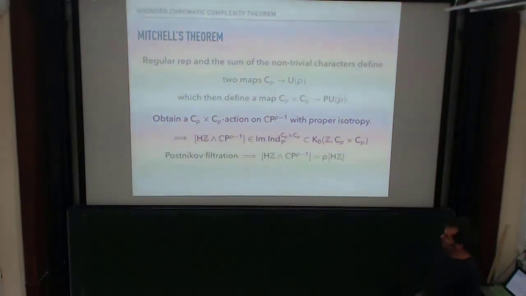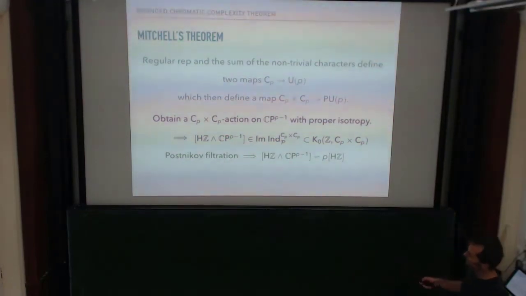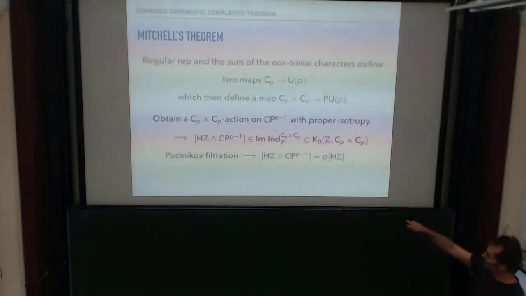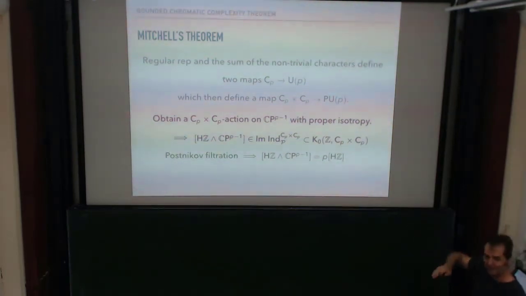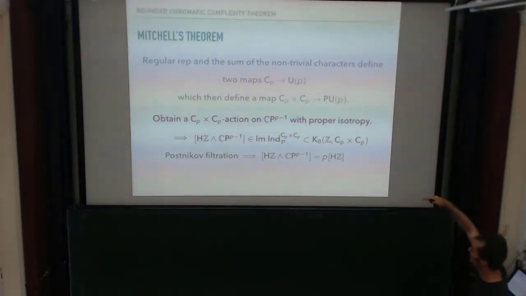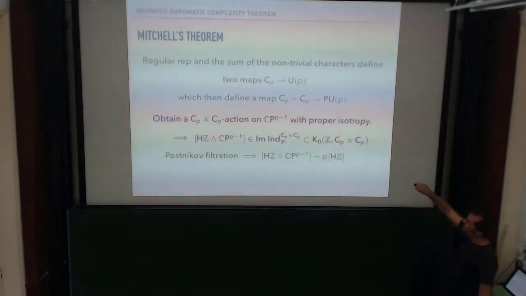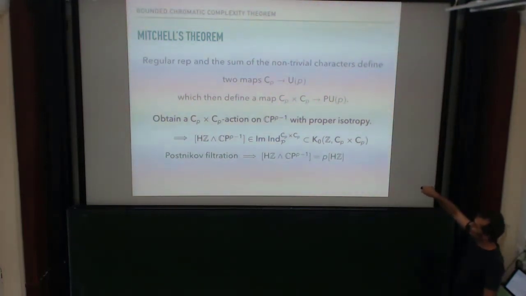There's another filtration you can use. It's a Postnikov filtration, which is really just like looking at the homology groups of this guy. This is a Z in degree 0, 2, up to 2p minus 2. And those will have actions by this group. Because they factor over a connective group, the action's trivial.